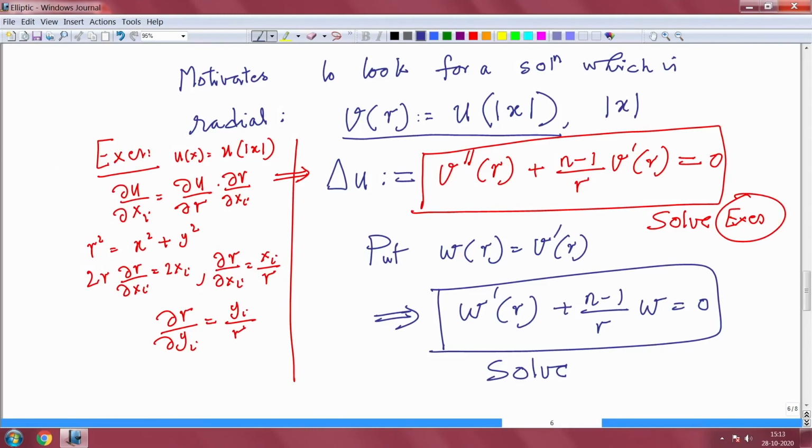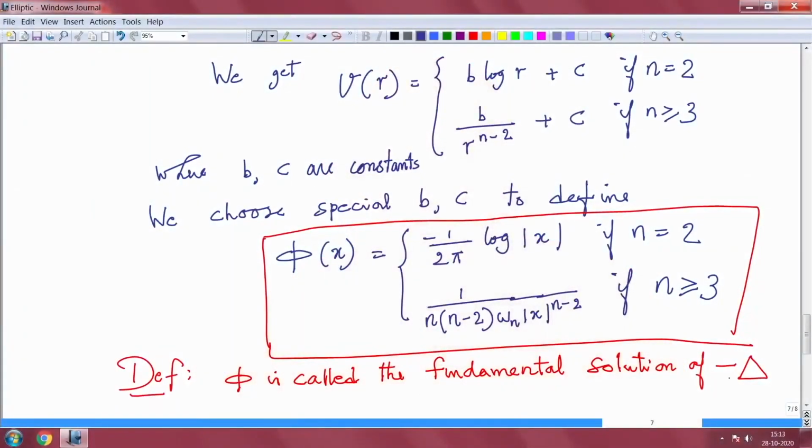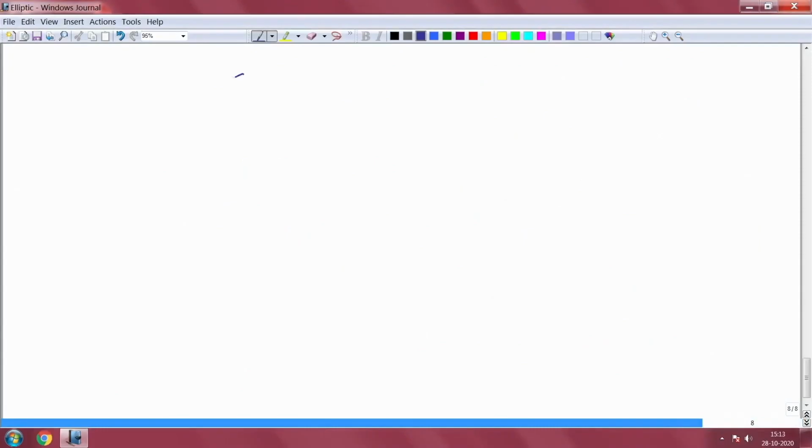By looking for a solution u, not a general solution, but of a special form, a radial solution, you arrived at the function phi of x. But look at it, phi has a singularity at the origin.